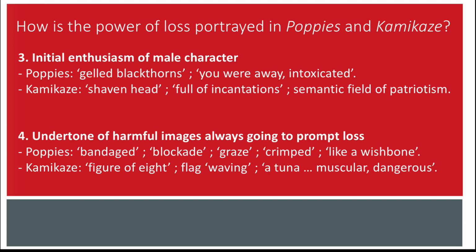And on one hand, this flag may remind us of patriotism, but on the other hand, one waves a flag to surrender. And if the fish are looking like they are in a figure of 8, that is also a symbol of eternity. It is perhaps foreshadowing the eventual death that the kamikaze pilot feels that he is on his way to, but chooses to literally avoid, only to lead to a metaphorical death.